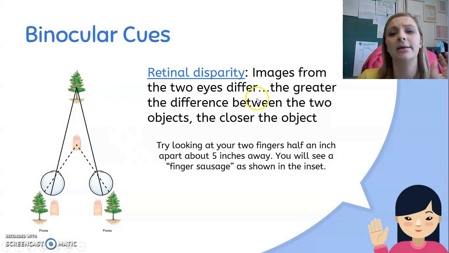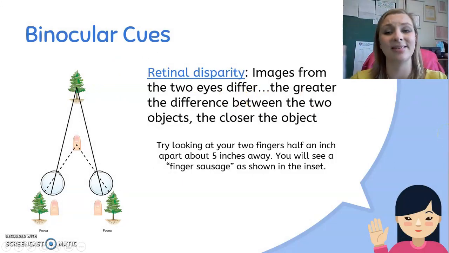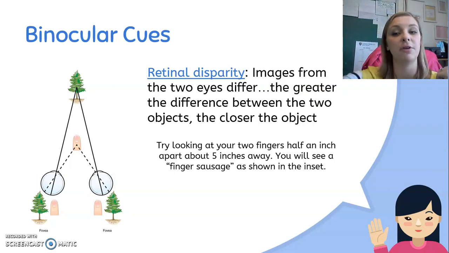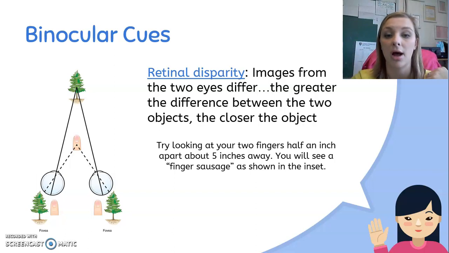This is the idea that when images from two eyes differ, the greater the difference between the two images, the closer the objects. So if you look at your two fingers about half an inch apart, about 5 inches away from your face, you will see a finger sausage, right? So you are going to see them together.